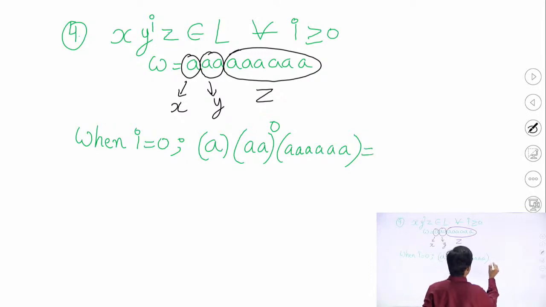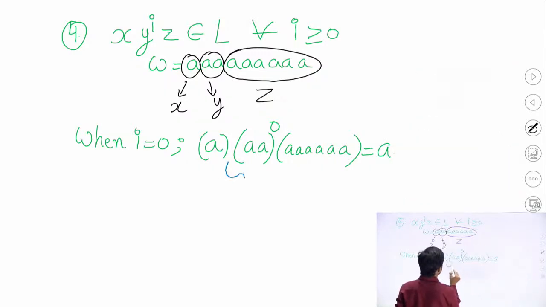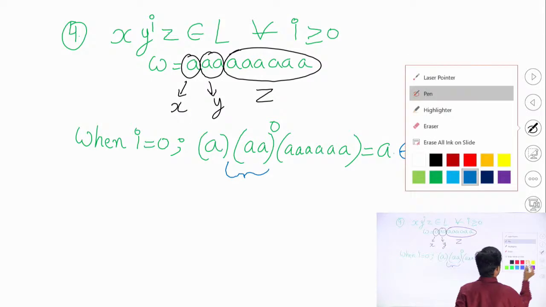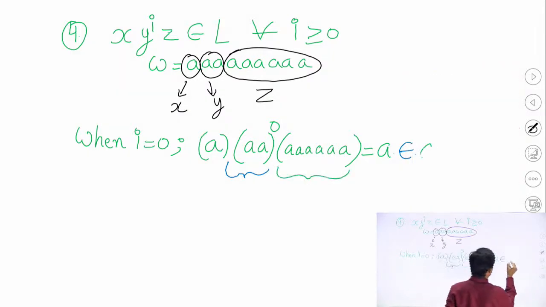Anything to the power 0 in automata will be epsilon. So this is epsilon, and this is 6 times a.